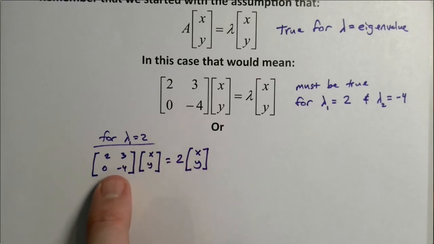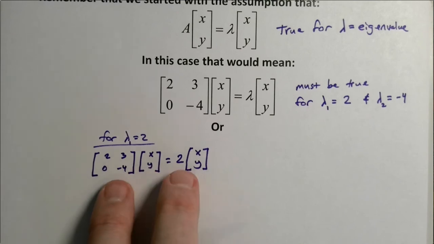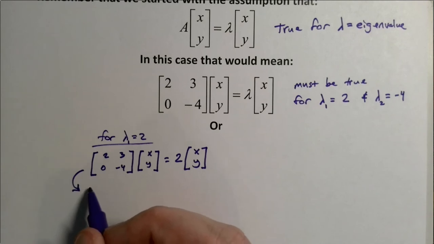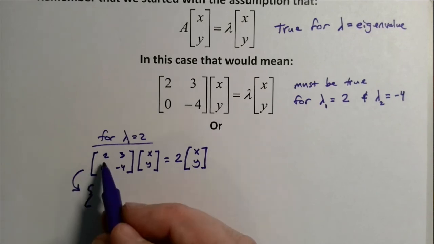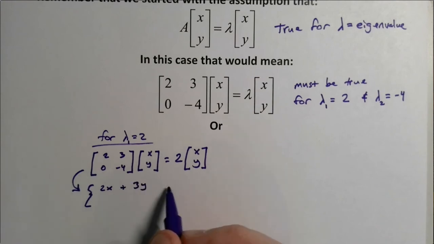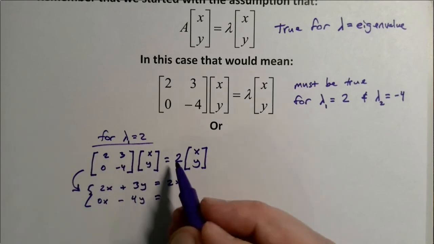Over here, this is saying a coefficient matrix times this vector. But they have to be equal. And that really means there are two equations going on. So this produces a pair of equations. The top equation is 2x plus 3y equals 2x.